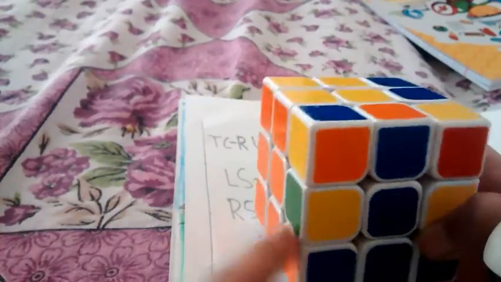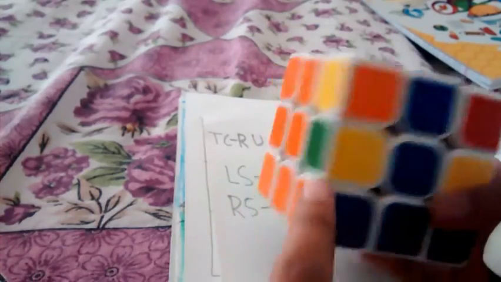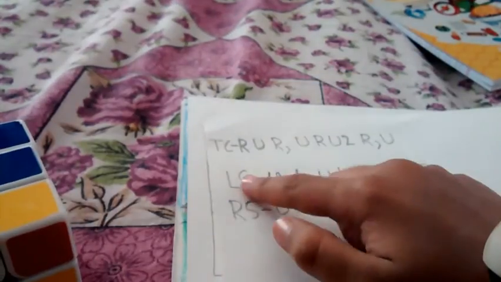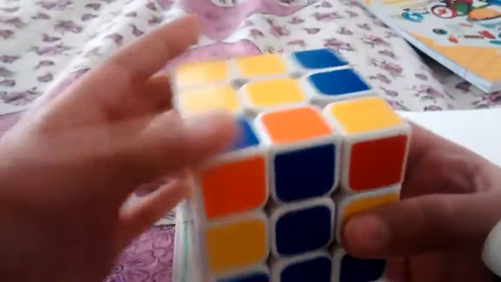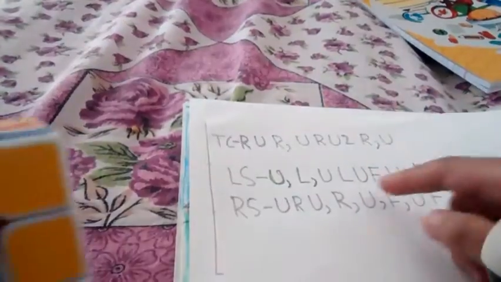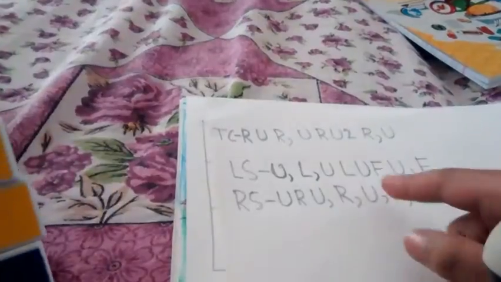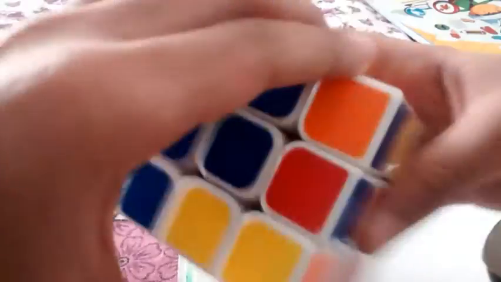Now orange. I have to put orange here and blue here. Now for doing the left side formula, and I gave you time also. So write U comma, L comma, U, L, U, F, then U comma, then front comma, here front comma.